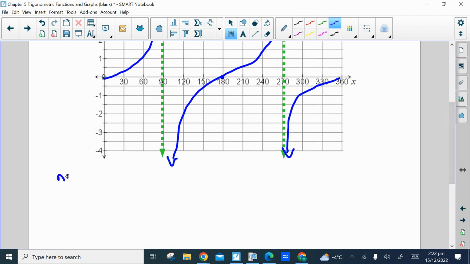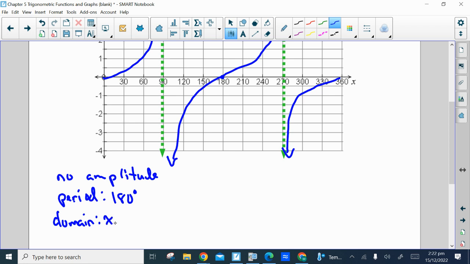So again, if we talk about the characteristics, there is no amplitude. Our period is 180 degrees. We would say that our domain now would be that x cannot equal 90 degrees plus 180 n degrees.